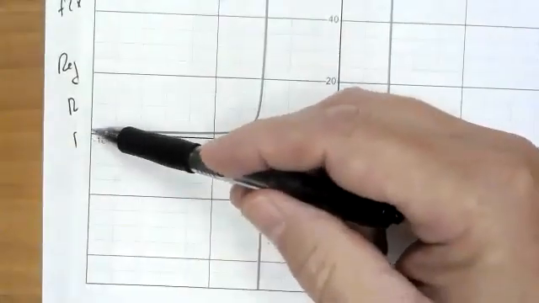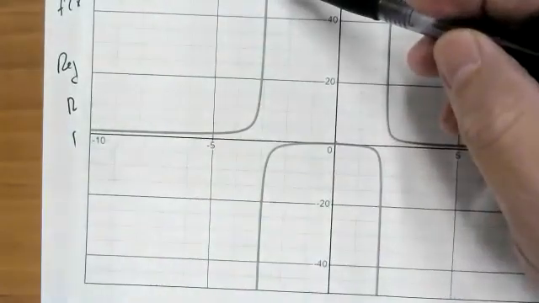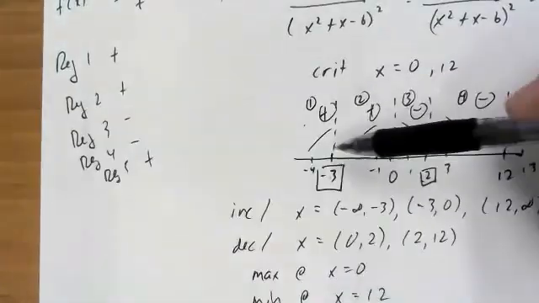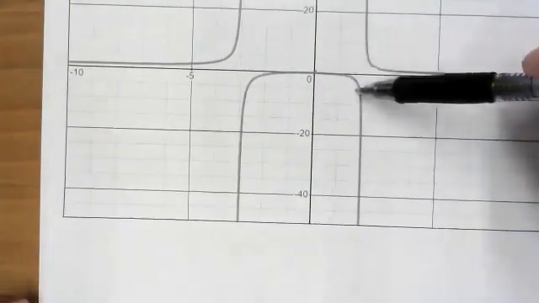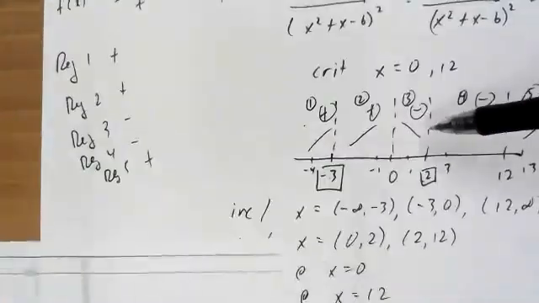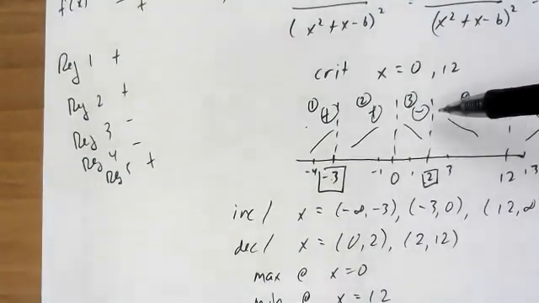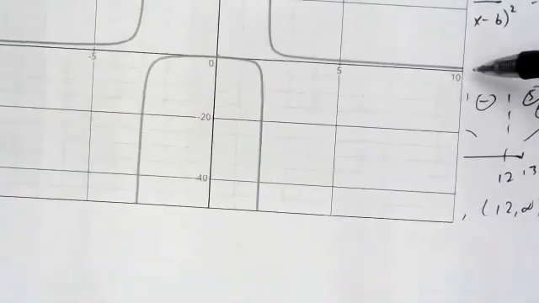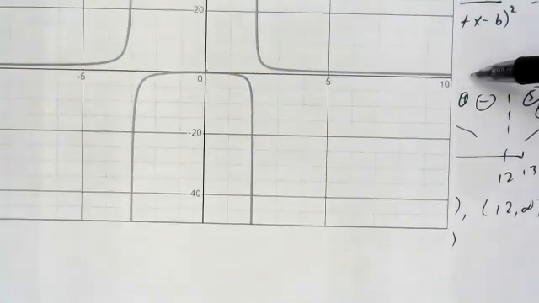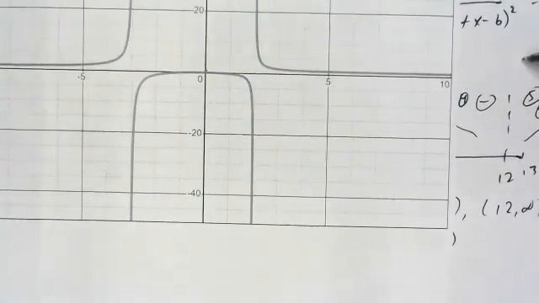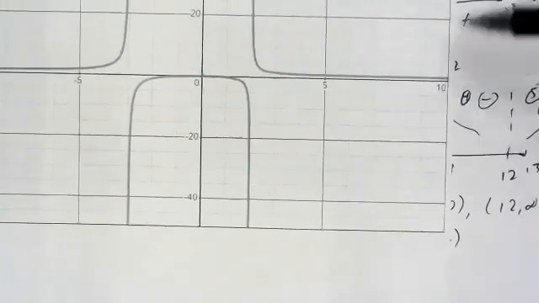And you can see increasing, and then decreasing on either side of this asymptote. And then way out here, where you can't really see it, very gradually, this graph starts to go up again at 12.